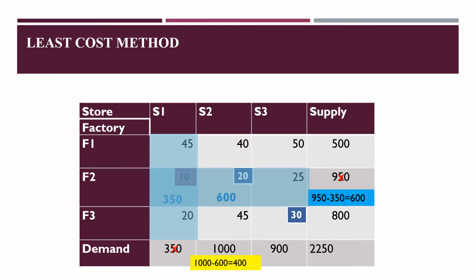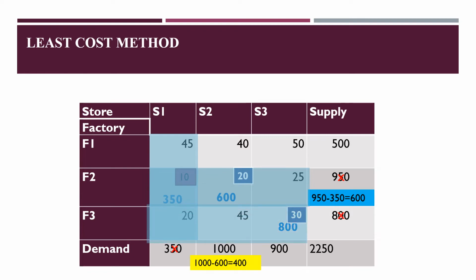Here the lowest amount is 800. Therefore, we are going to allocate 800 units to F3 S3. When we allocate 800 units, all the supply condition of F3 is satisfied. We cannot supply any more from that particular factory. Therefore, I will hide the F3 column as well.